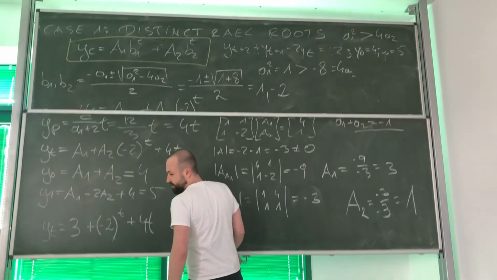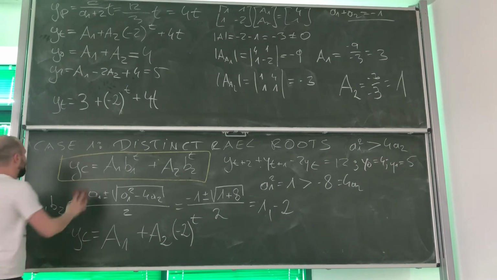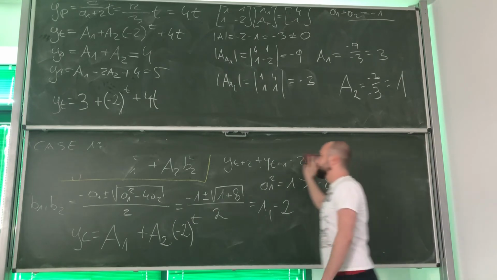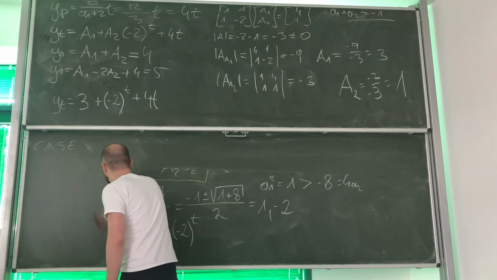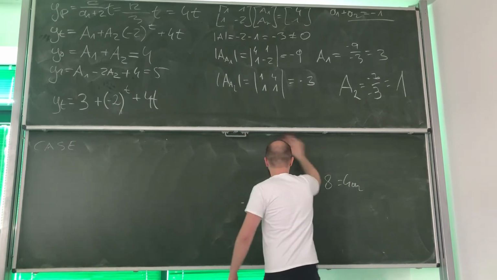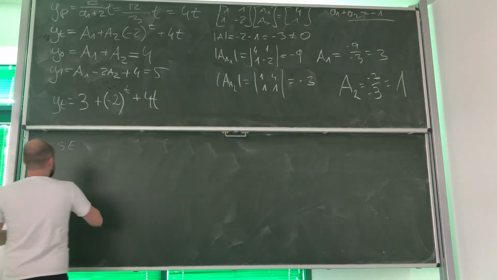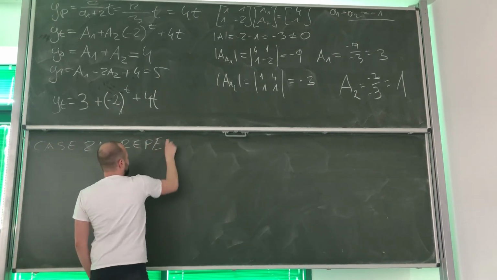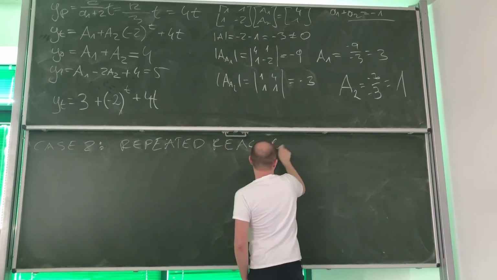Now, what do we do in the case we need to deal with our repeated real roots? Look, as you will learn in a second, again, what we should do directly follows what we were doing in the context of differential equations. So, we've got case number 2. So these are repeated real roots.